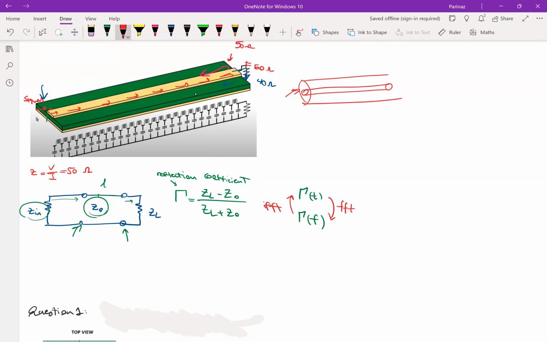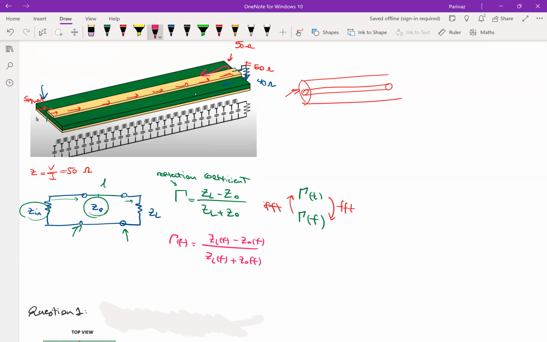What matters is that if ZL and Z naught are expressed in frequency domain, then you would get your gamma in frequency domain. So for example, gamma in f is ZL in f minus Z naught in f over ZL in f plus Z naught in f, right?